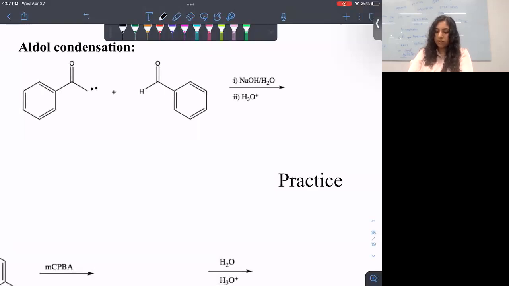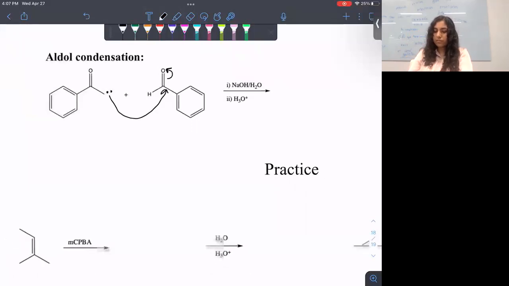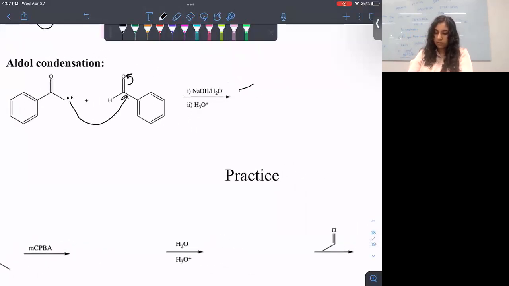So what happens, we deprotonate there. There's only one thing to do. We attack the electrophilic carbon, and there's no leaving group in this case. So when we attack, it turns into an alcohol. It doesn't reform the carbonyl. So we're just going to add these together.